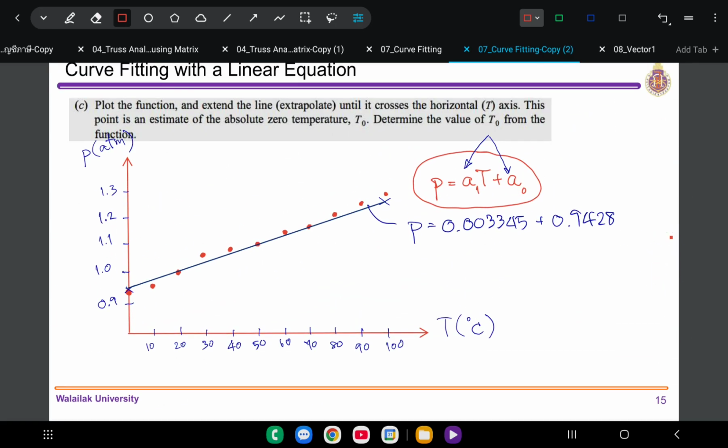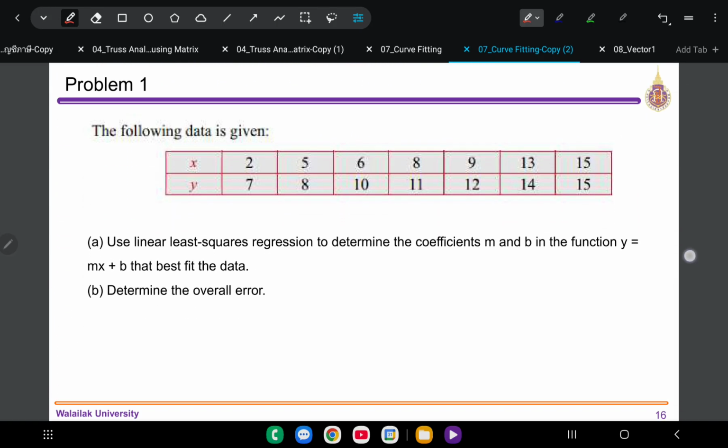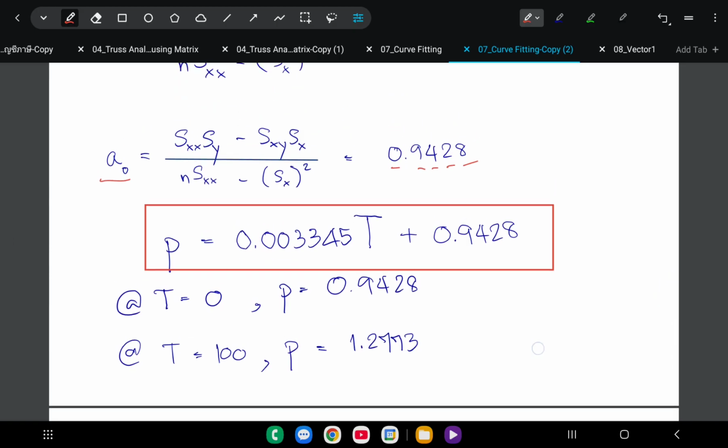I have to plot the linear line, this line. How do we plot this? At t equal to 0, I get P equal to 0.9428.